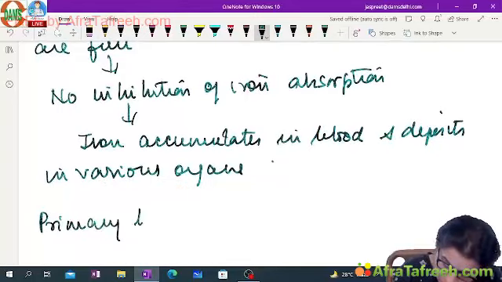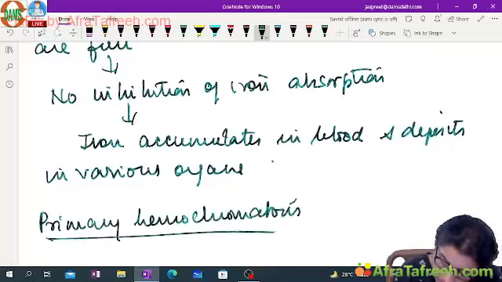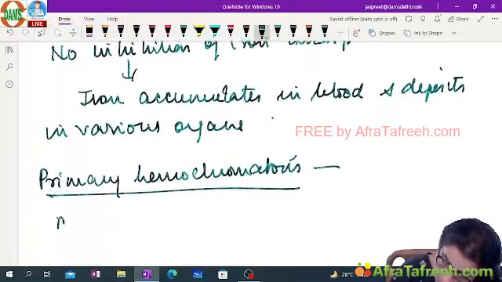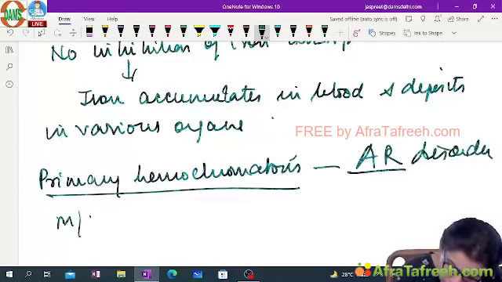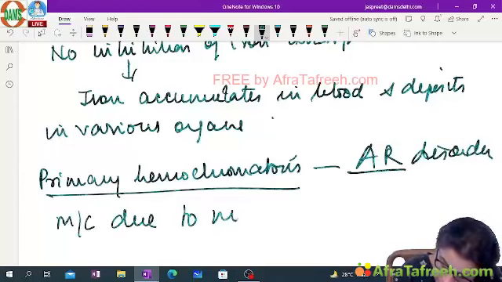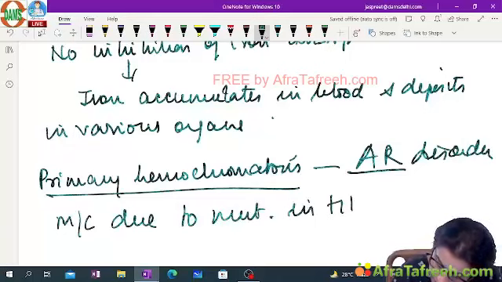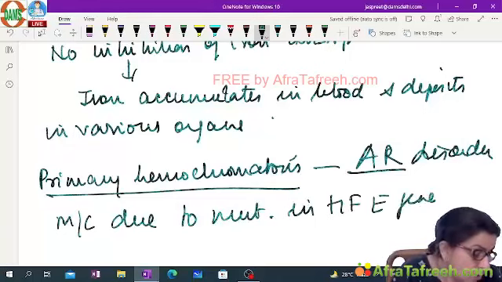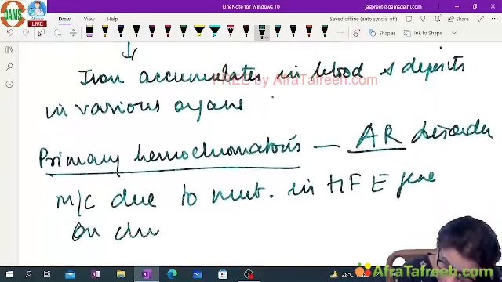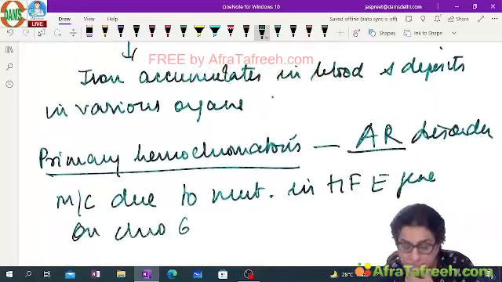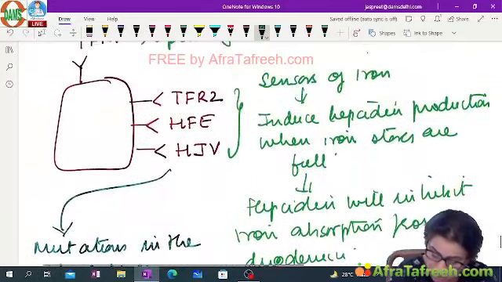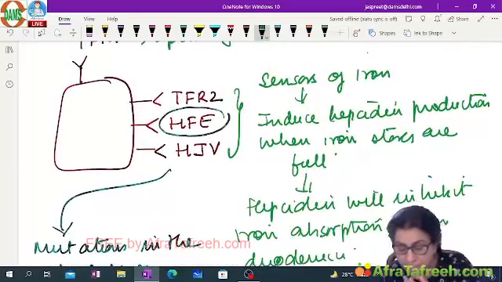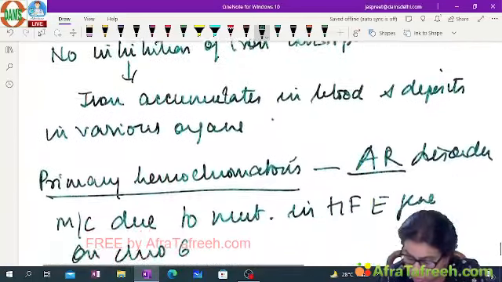It is an autosomal recessive disorder which is most commonly due to mutation in the HFE gene on chromosome number 6.